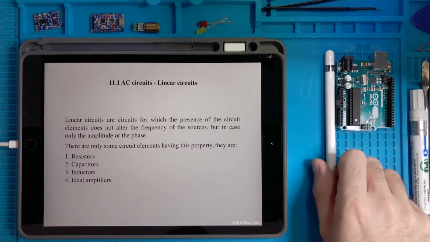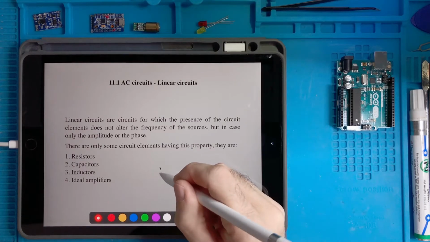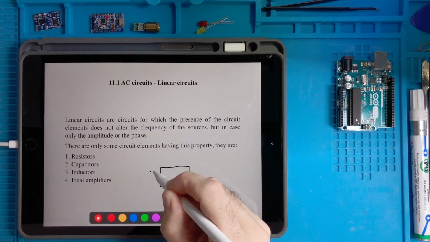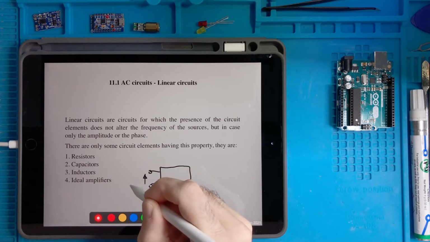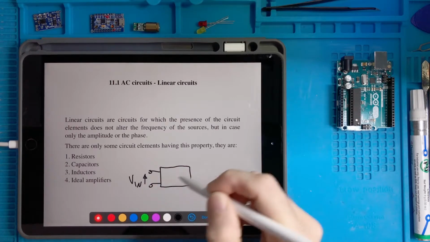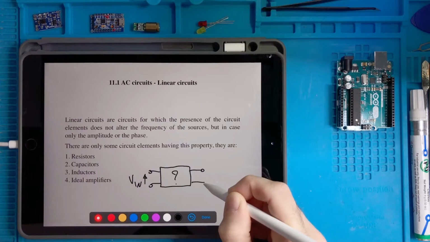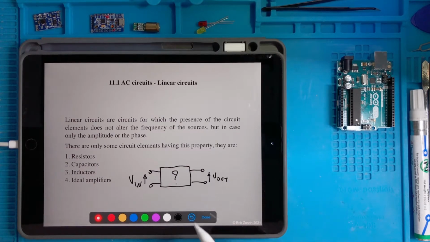So what's an ideal amplifier? It's a black box. Let's say you have two inputs. Here you put a voltage, V input. We don't know what's inside. And here we have V output.